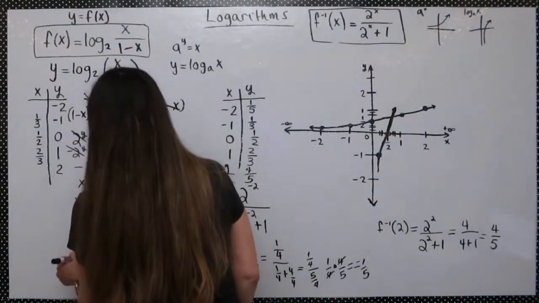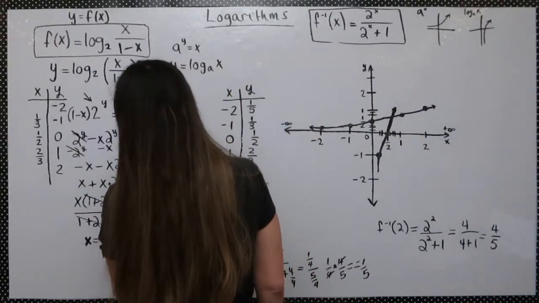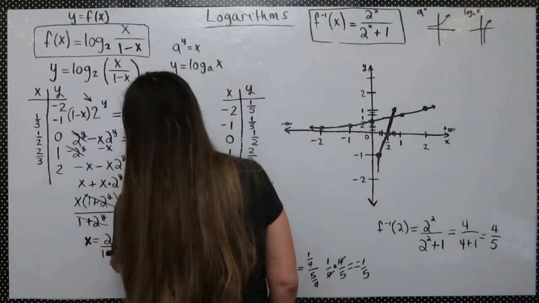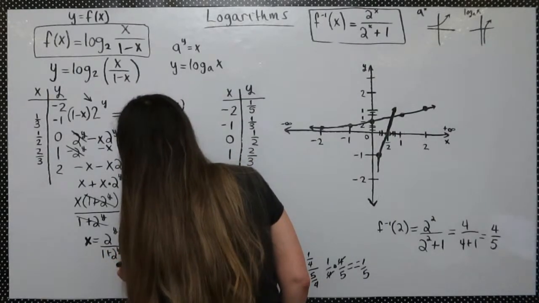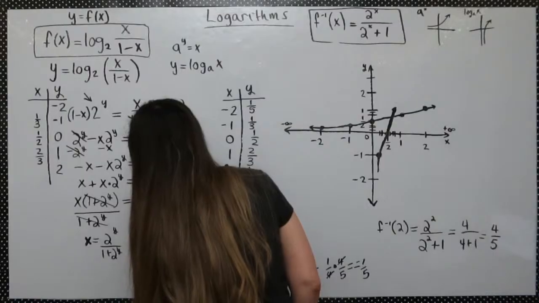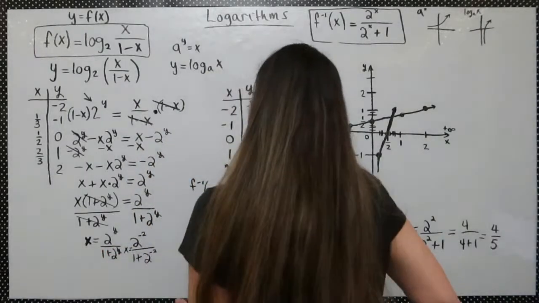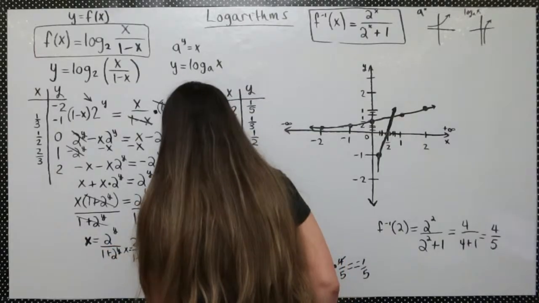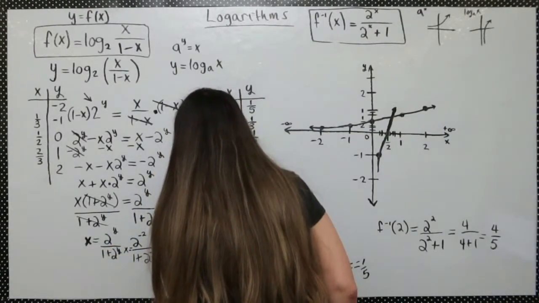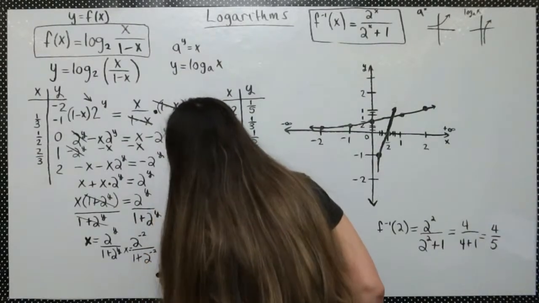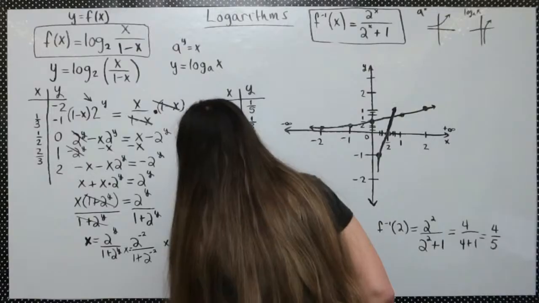So let's go ahead and plug in -2 here. So 2 to the negative 2 divided by 1 plus 2 to the negative 2. And that's x equals 1 over 2 squared divided by 1 plus 1 over 2 squared.